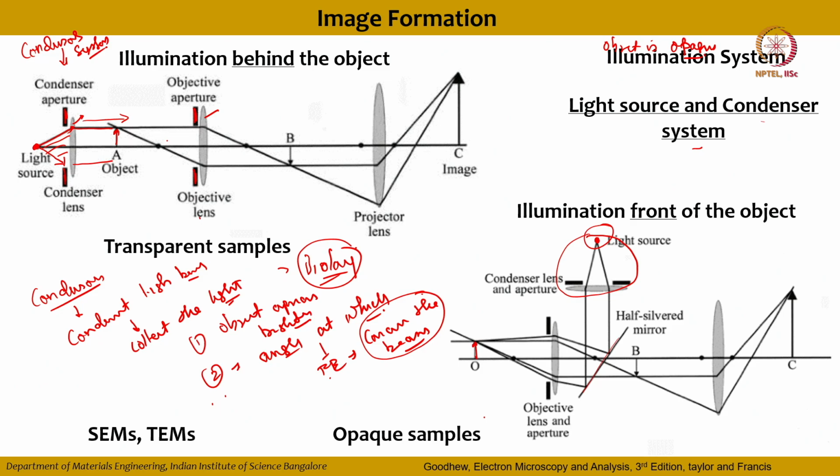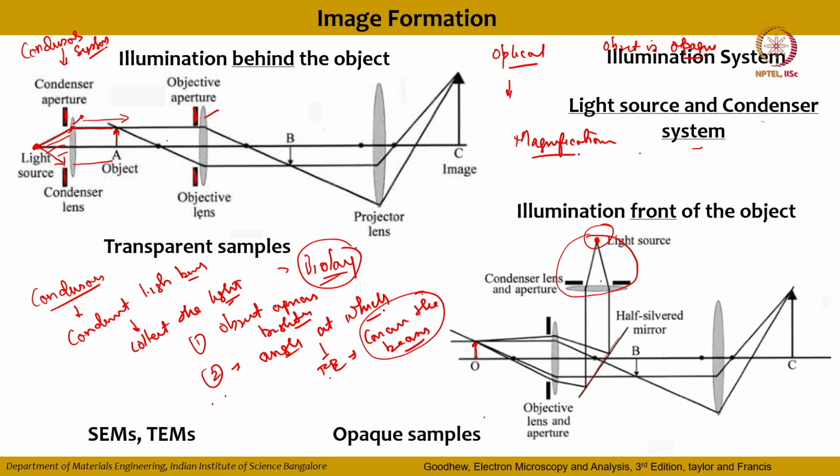Okay, so if you see in the optical system, we talked about the magnification, and magnification is a function of the final image distance from the lens, the object distance, and also the focal point.